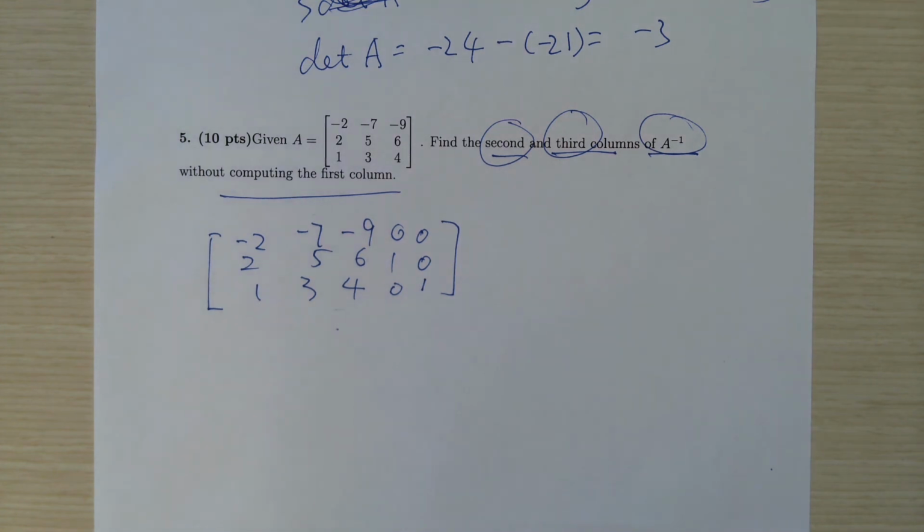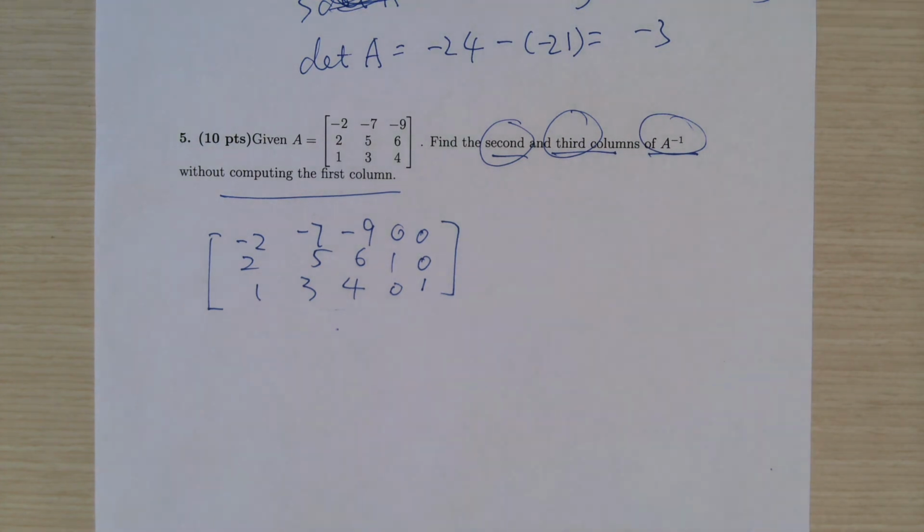So let me quickly do one more thing. If you have questions here, I'm going to provide you the answer in a minute. We already conducted this row operation many times, right? So let's see.